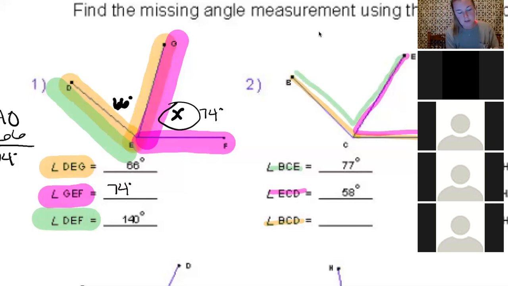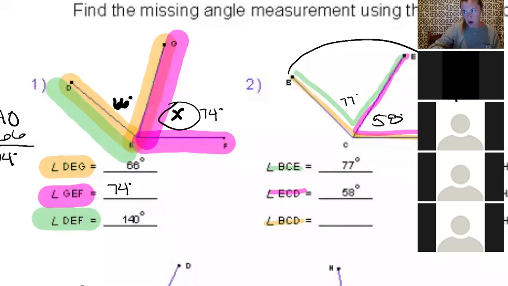So we have everything labeled appropriately, and then let's fill in what we have. What we don't know, we're just going to call X. So BCE is 77 right here, and we have ECD, which is 58. And we want to find the whole thing. We don't have the whole thing, so that's what we want to find.